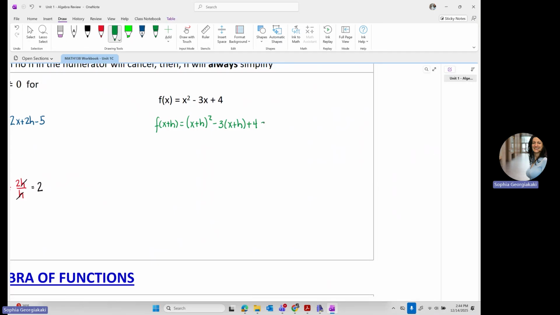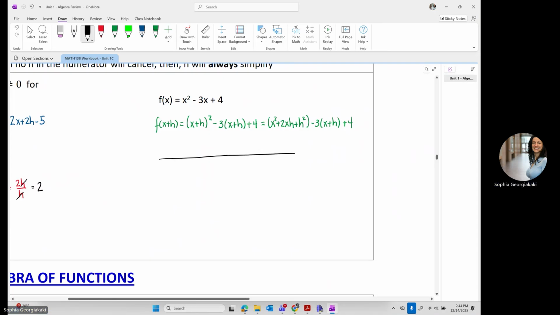If you remember, we have to do the exponent first. So I have to do a squared plus 2ab plus b squared, and then I have to distribute. So I'm going to write the numerator all together after I distribute it. So when I distribute, my numerator has f of x plus h in the front.